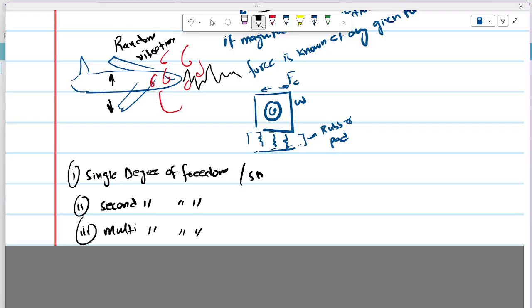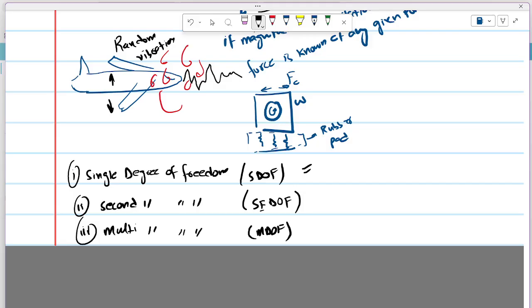That's called the SDOF, and that's called the MDOF system, multi-degree of freedom. We'll start with the single degree of freedom one and gain some momentum while performing the modeling of it, and then we'll move toward the multi-degree of freedom.